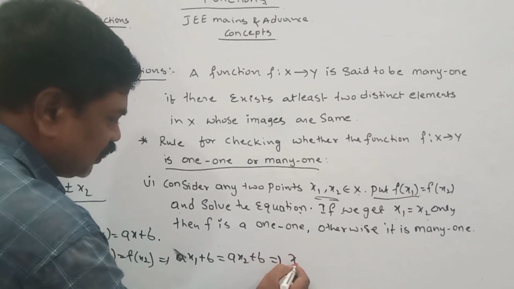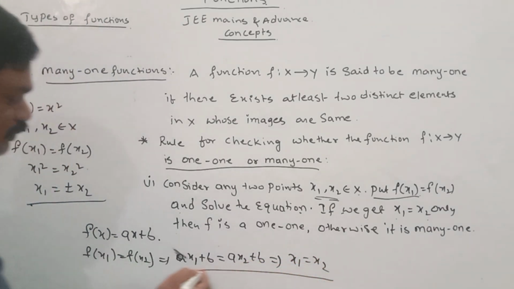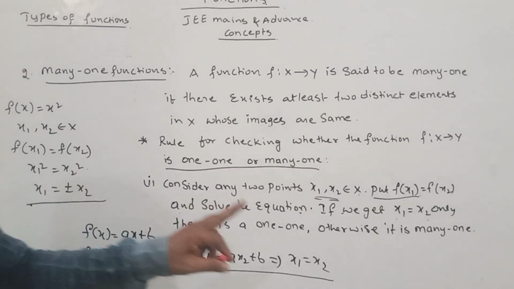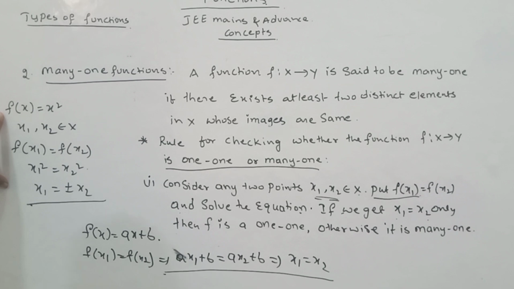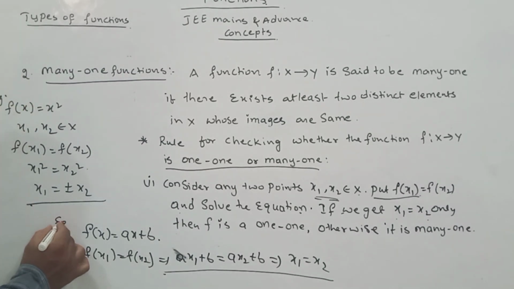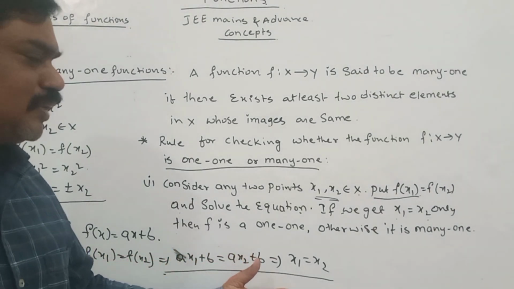This implies x1 is equal to x2. So we say it is a one-one function. Otherwise it is a many-one function. This is an example, and this is the one-one function definition.